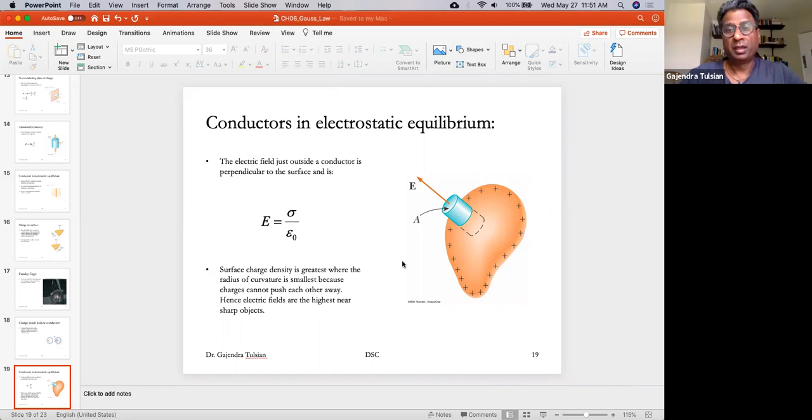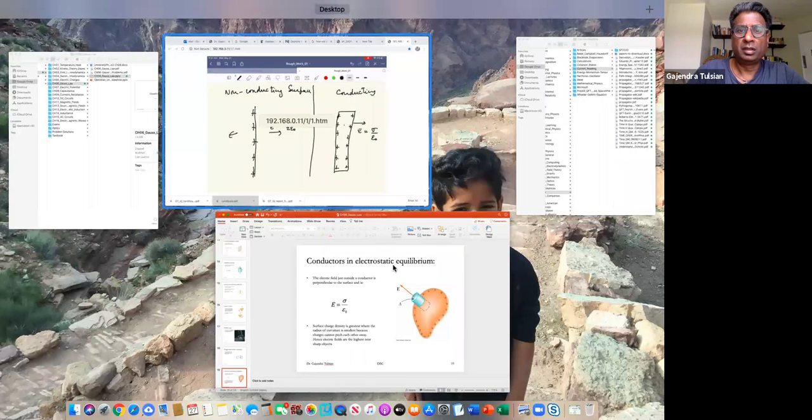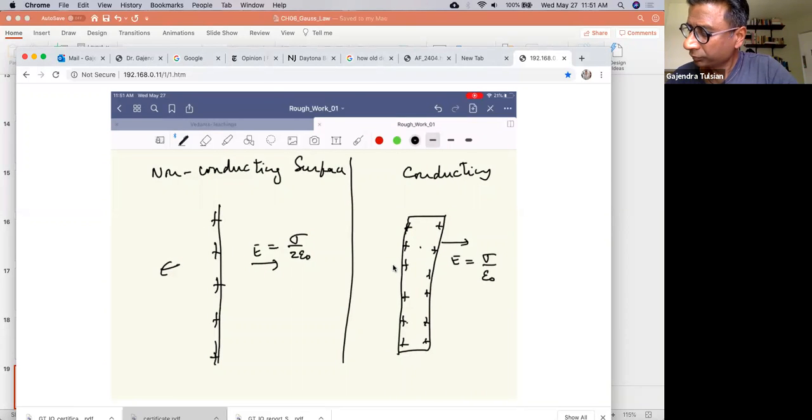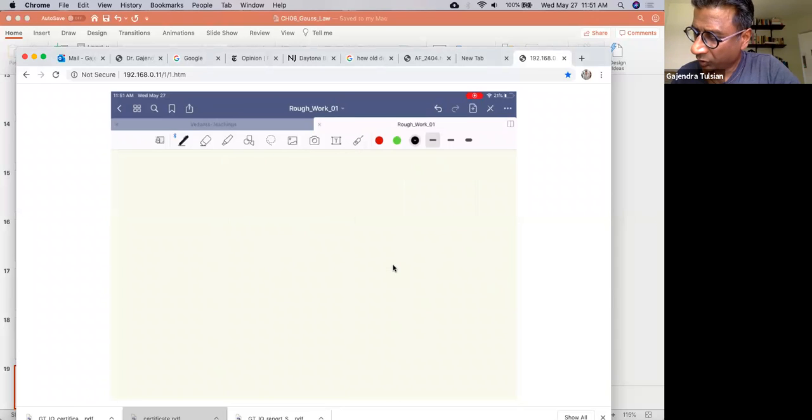What we're telling you is the following. Since the surface charge density is low here, the electric field is low.